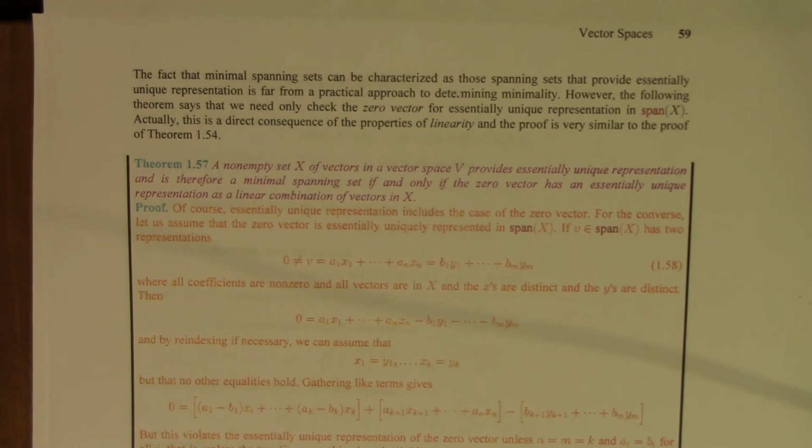Well, on the one hand, of course, essentially unique representation would include the case of the 0 vector. So one direction of this biconditional is sort of obvious. The other direction is the important one. If 0 has an essentially unique representation, does every vector have an essentially unique representation?